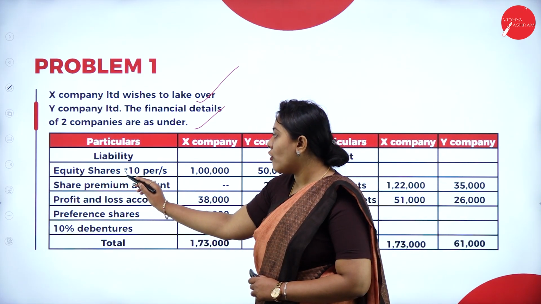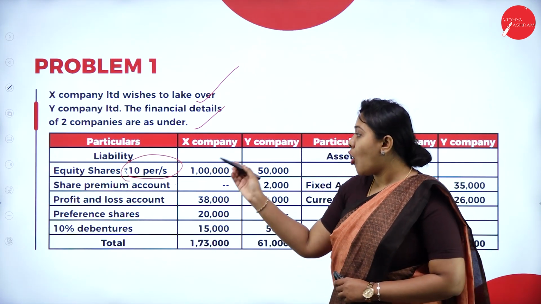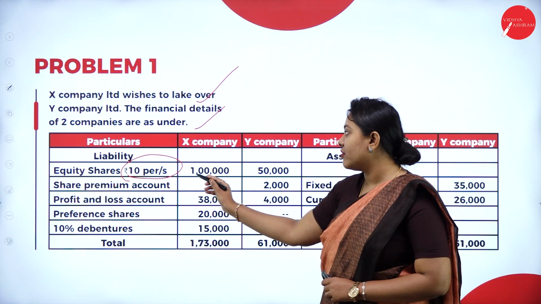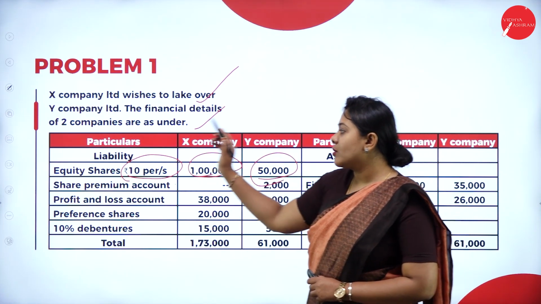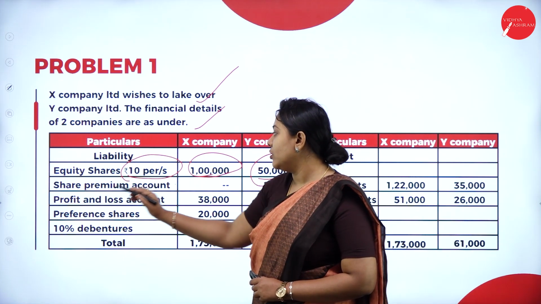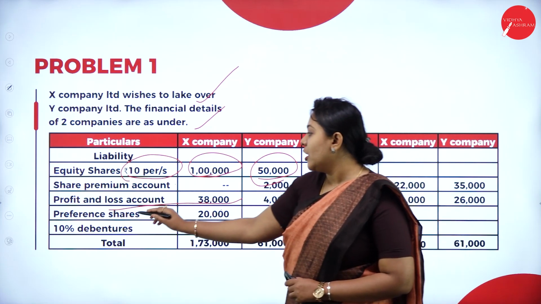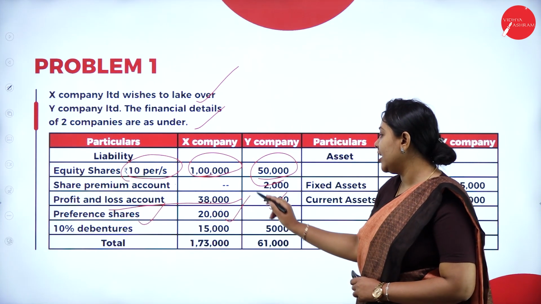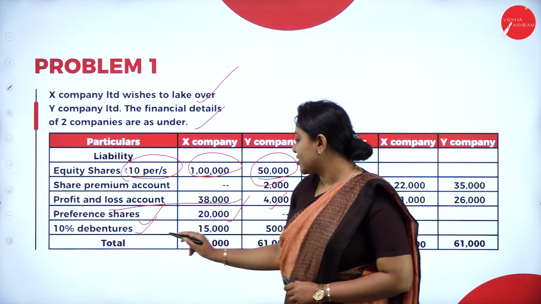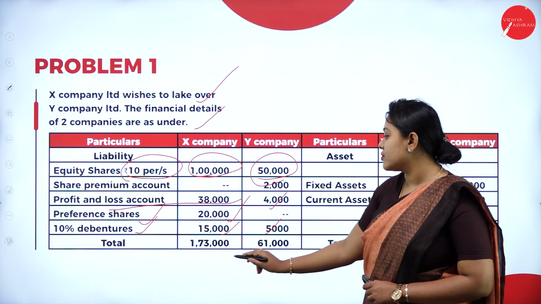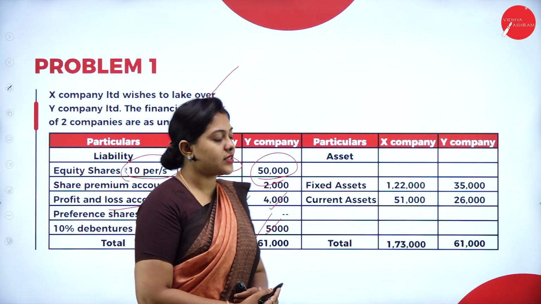Equity share of rupees 10 per share is 1 lakh rupees, and for Y company it is 50,000. Share premium account, profit and loss account 38,000, 4,000, preference shares 20,000 for X company, Y company nil, and 10% debenture 15,000 and 5,000. So this is the total. This is the liability side given in the question.